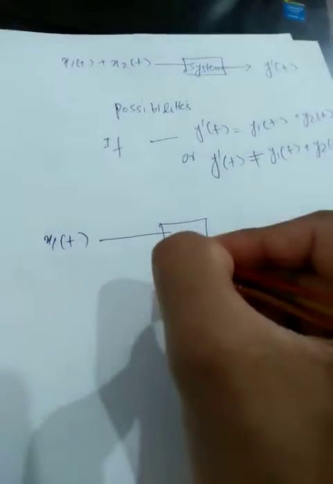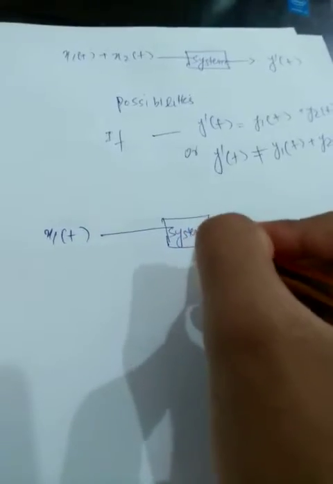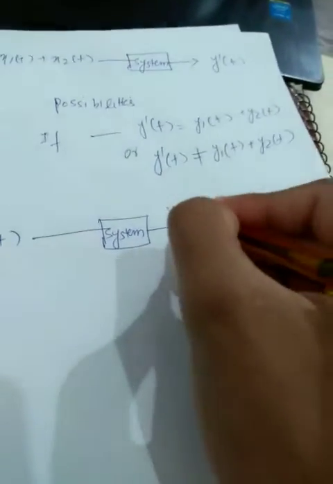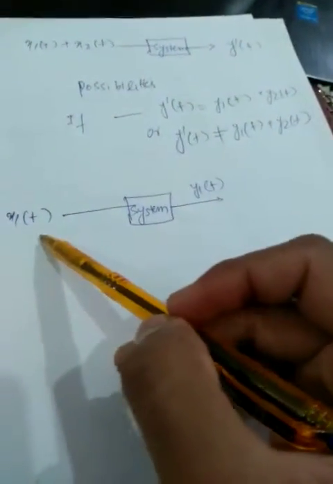Next, the block diagram of this system is as follows. First of all, we have x1(t), then we pass it through the system, and here we have y1(t). If we give the input x1(t) and pass it through the system, this will give us the value y1(t).